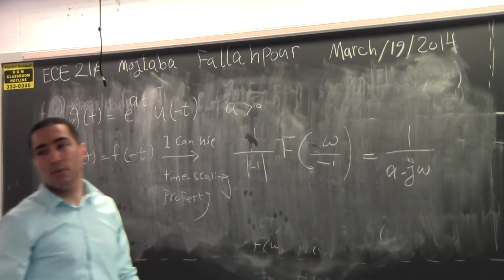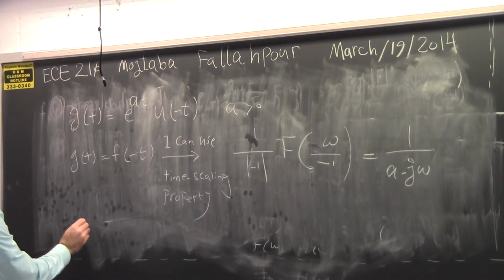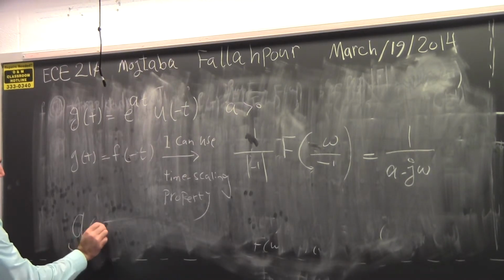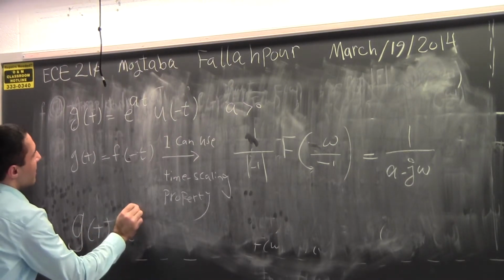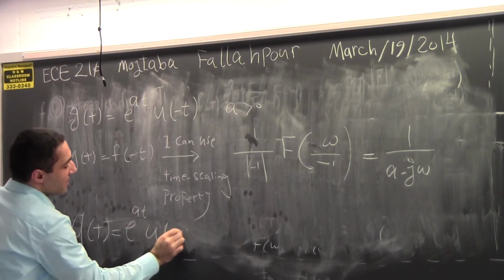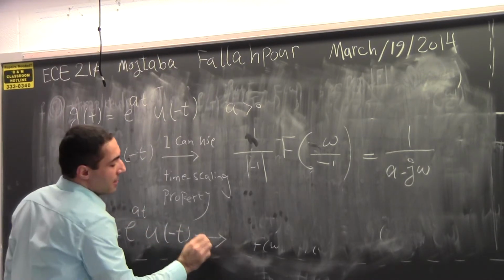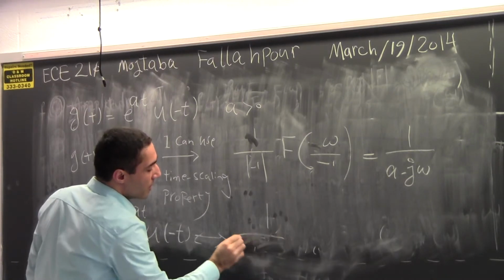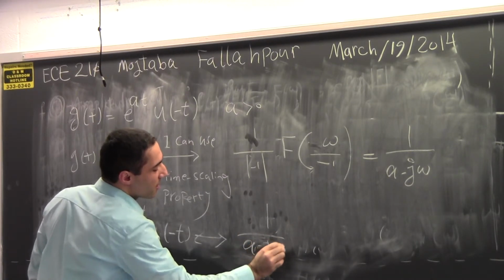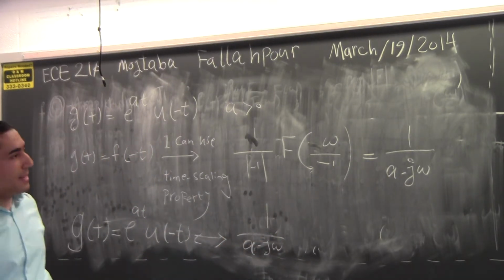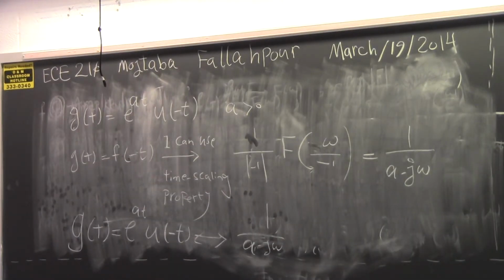Done. I don't need to do any extra calculation. So g(t), called e to the at u(minus t), is equivalent to 1 over a minus j omega. And the last, I'm going to keep this one here.